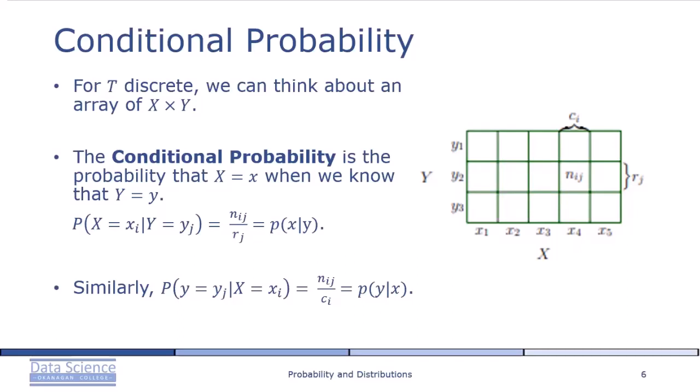See here that the probability that X equals xi given Y equals yj is nij divided by the sum of the entries in row j. Similarly, the probability that Y equals yj given X equals xi is equal to nij divided by ci. That's written lazily as the probability of y given x.